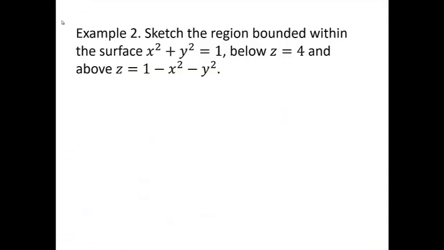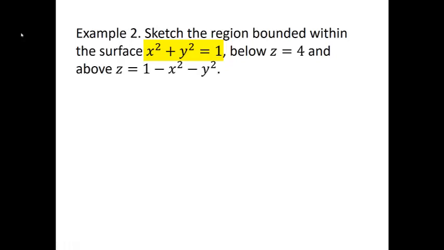Great. All right, so our second example is to sketch the region bounded within the surface x squared plus y squared equals 1, below z equals 4, and above z equals 1 minus x squared minus y squared. So let's get the mental picture and then we'll hop over to Geogebra to see it. So x squared plus y squared equals 1 is going to be a cylinder, right?